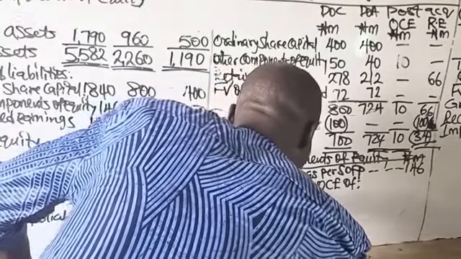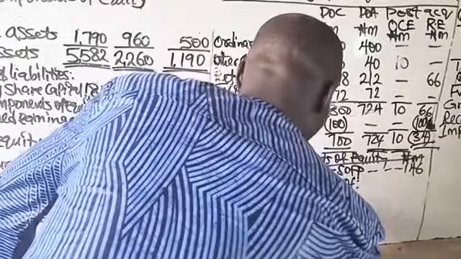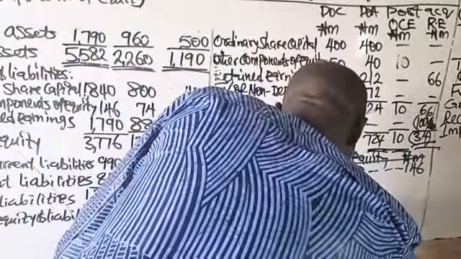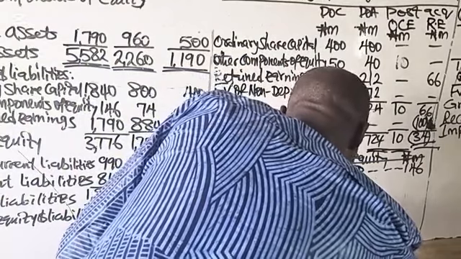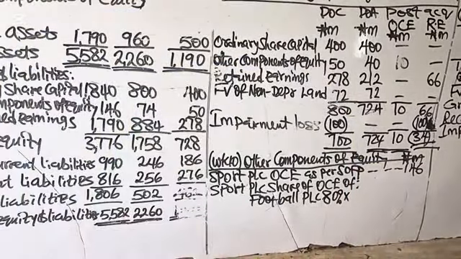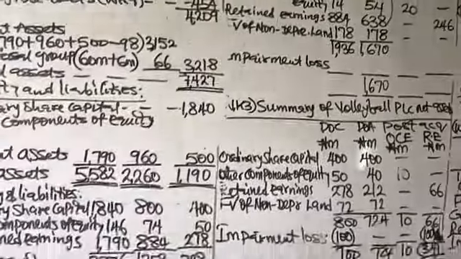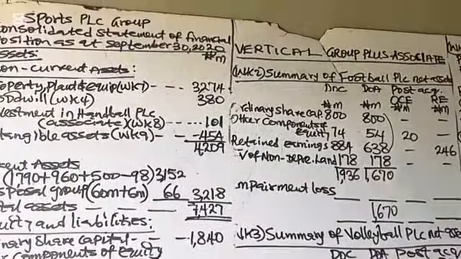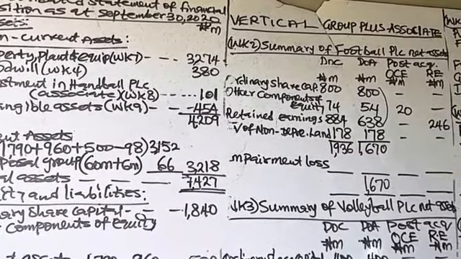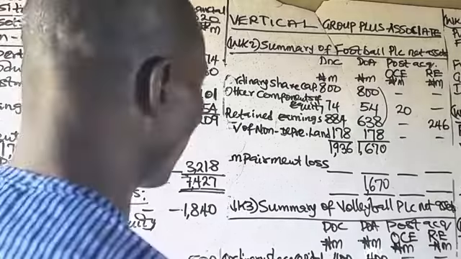Remember, what Sport acquired is 80%. Now let's go to the summary of subsidiary net assets in order to ascertain how much is the post-acquisition other components of equity.